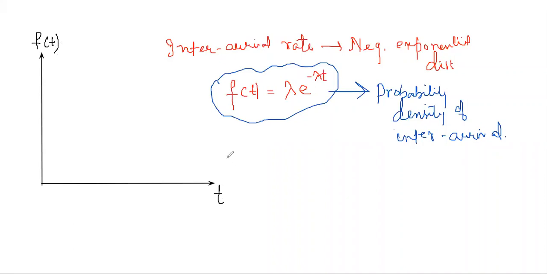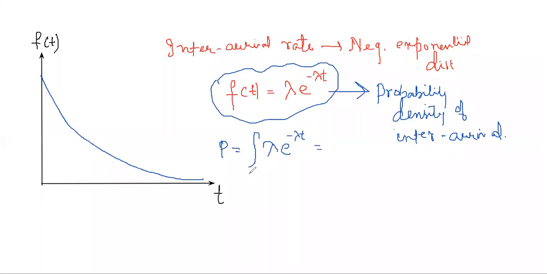And you know that the negative exponential curve will look like this. This will be the negative exponential distribution curve. To find any kind of probability, we just integrate this. The area under this curve will give us the probability.